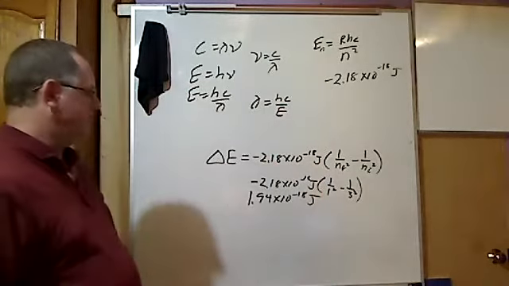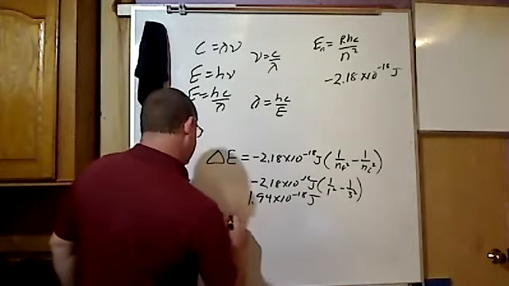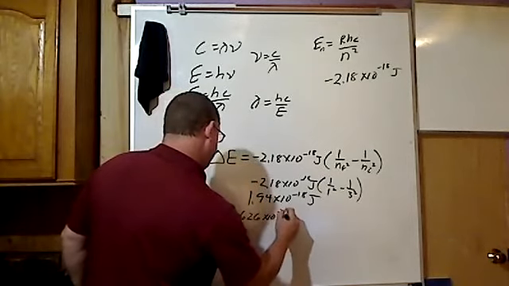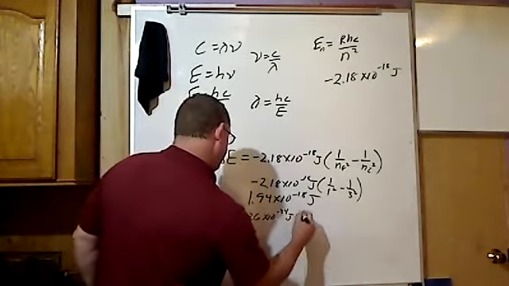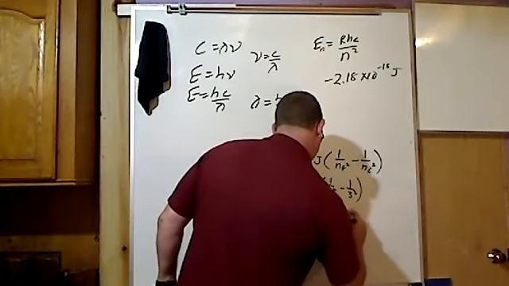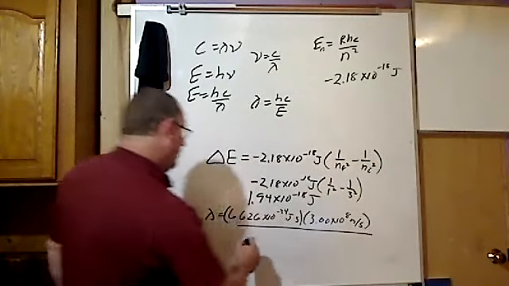Okay, so here's my energy. My wavelength is equal to h times c over my energy.